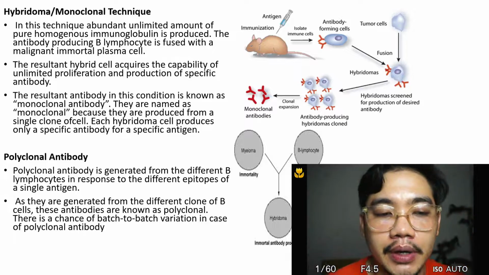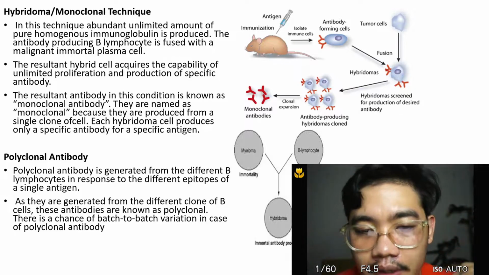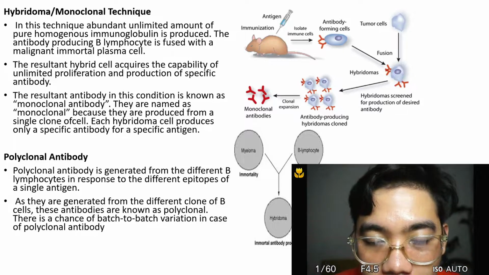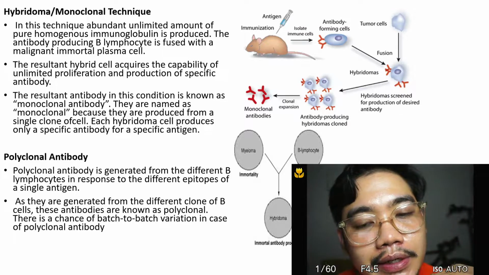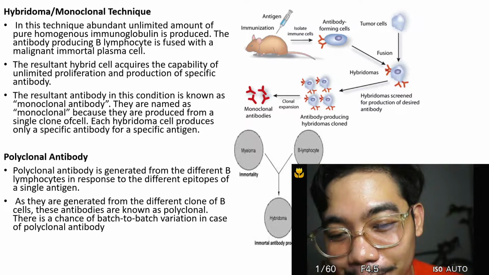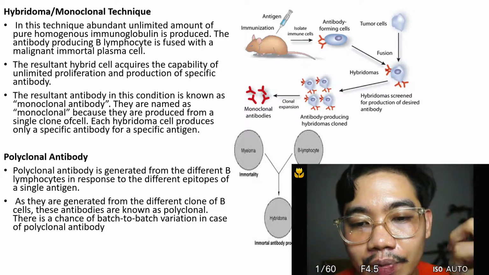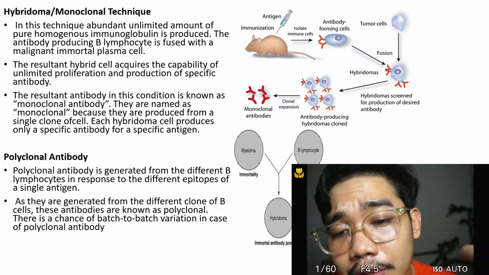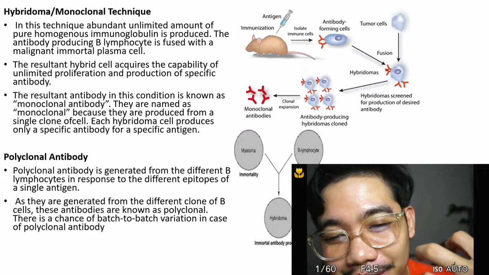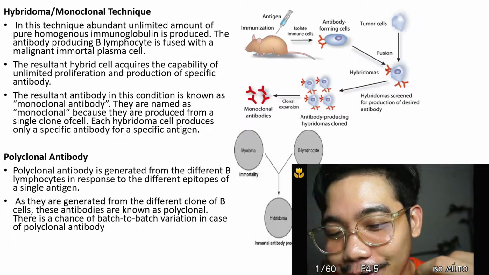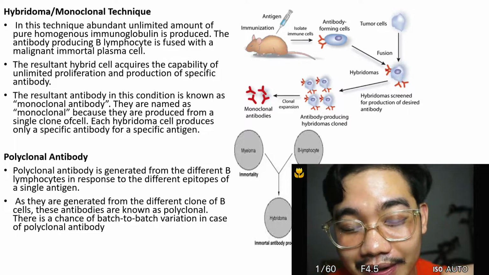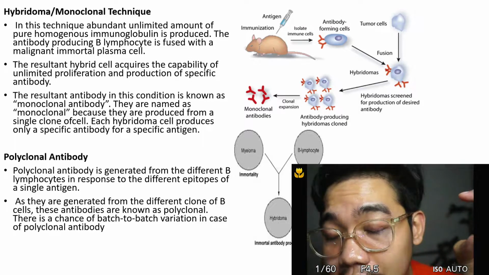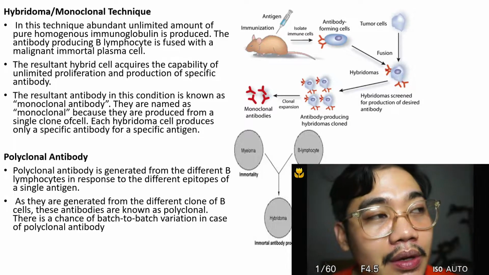So we get this antigen and, like I said, we inject it into a mouse, Mickey Mouse, and the mouse produces antibodies against that receptor because it is foreign. And then we isolate, it's actually a hardcore procedure, the plasma cells from the mouse.